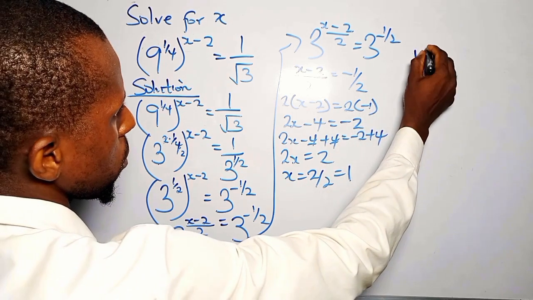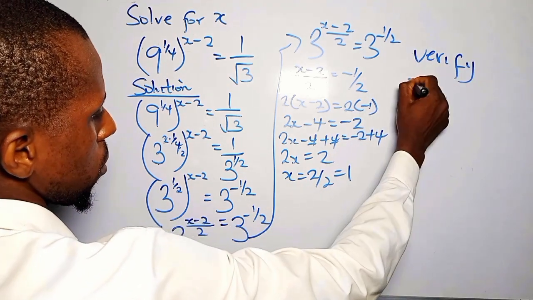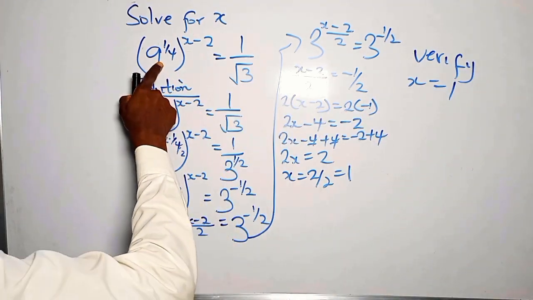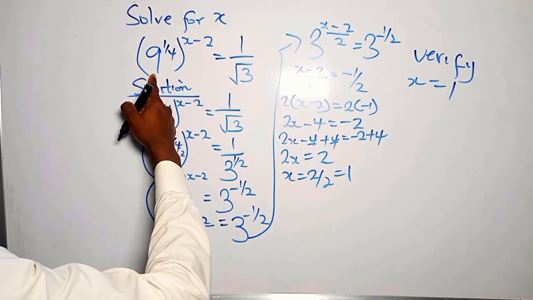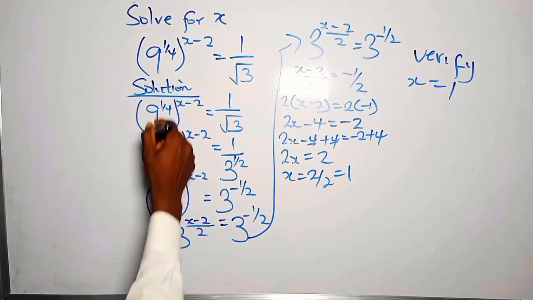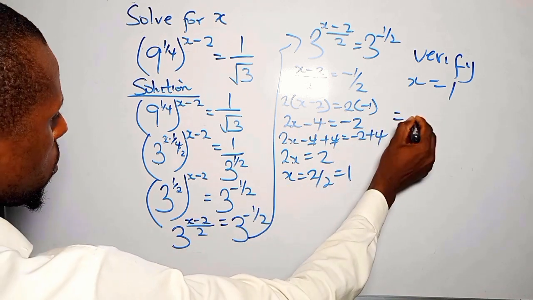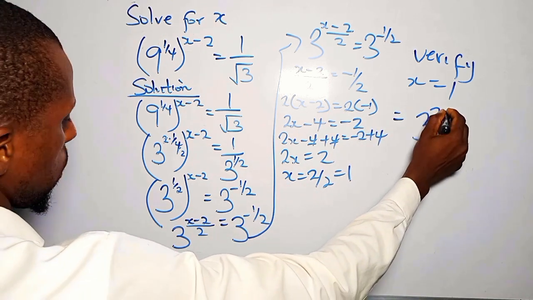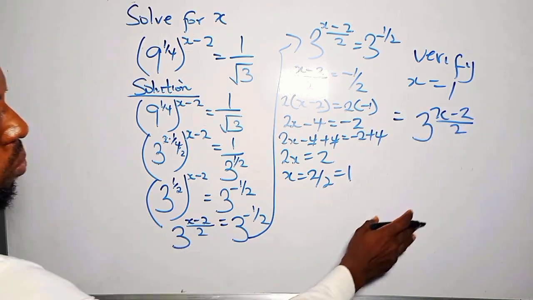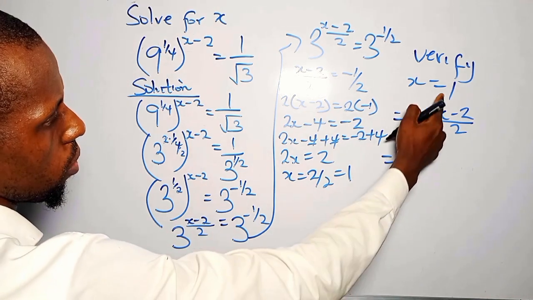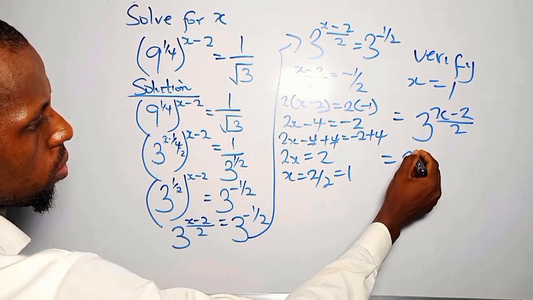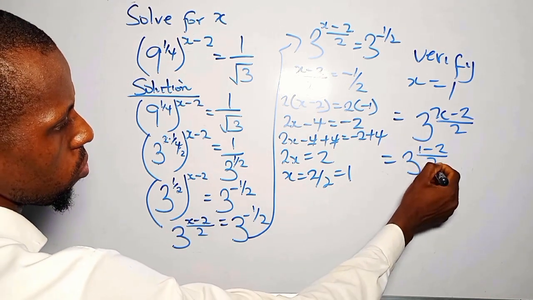Let's verify when x equals 1 in this equation. So for 9 raised to power 1 over 4 raised to power x minus 2, we have it as this, which is 3 raised to power x minus 2 divided by 2. So for x to be 1, we have 3 raised to power 1 minus 2 divided by 2.